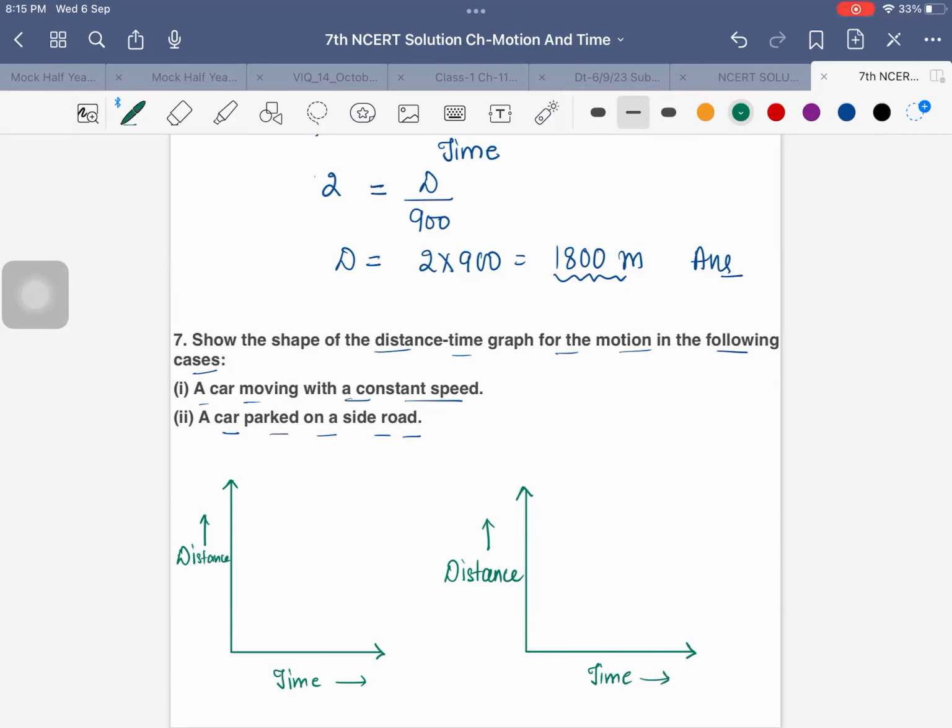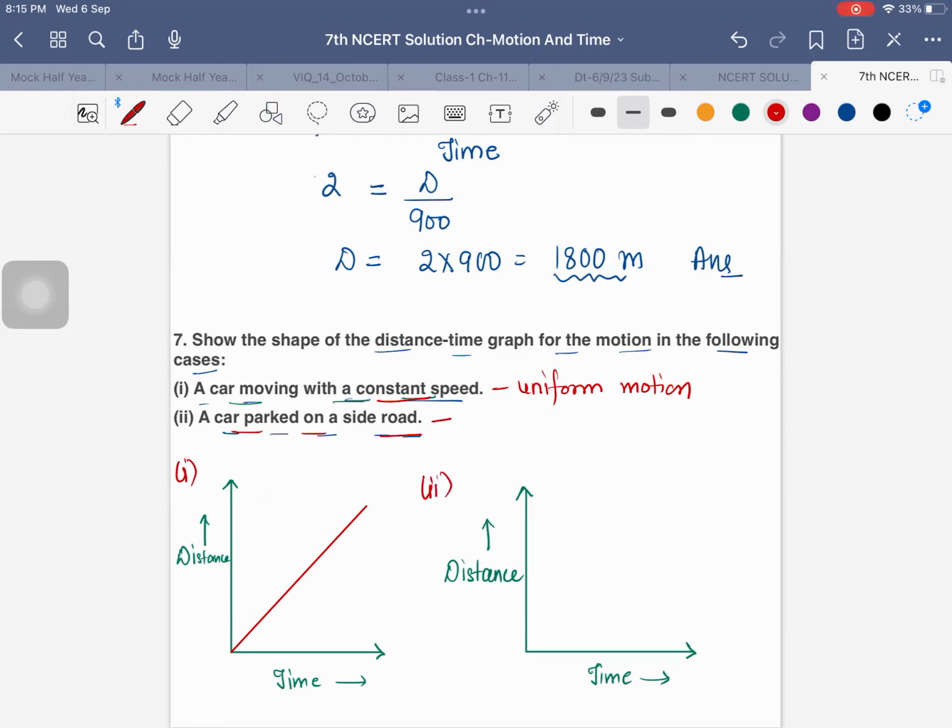For a car moving with a constant speed, if speed is constant, that means it's a uniform motion and it's a straight line graph. So this is the case for the first one. Second one, a car parked on a side road.